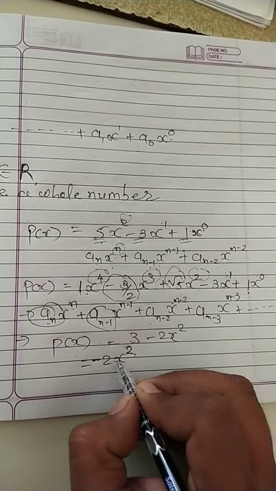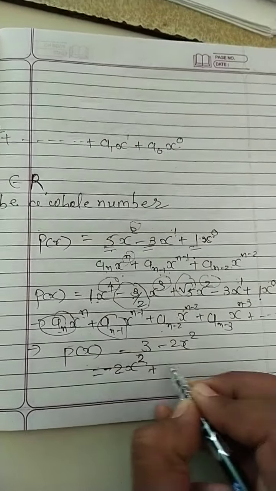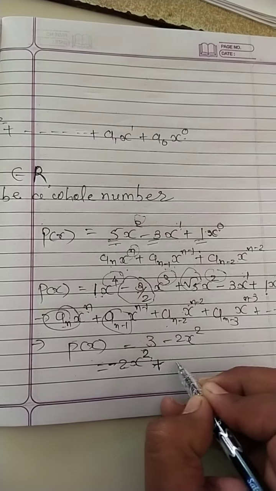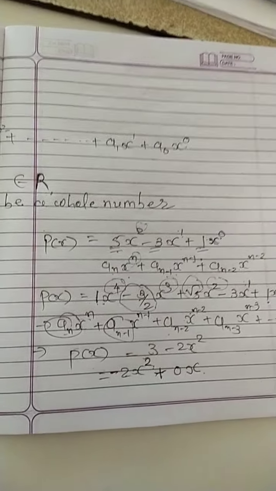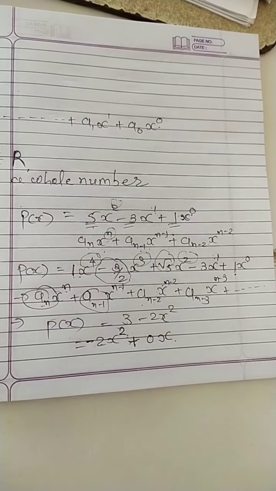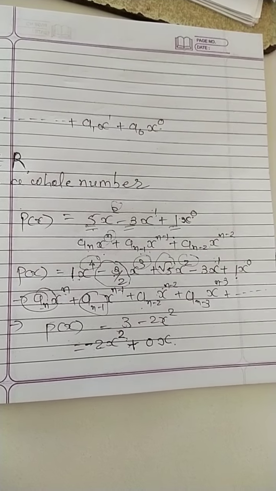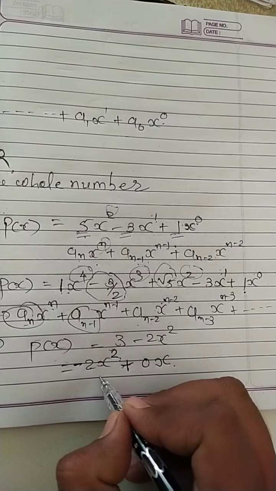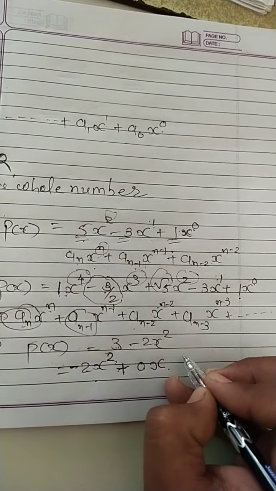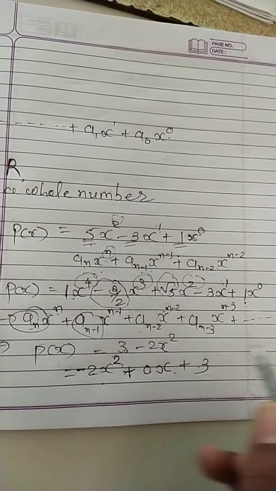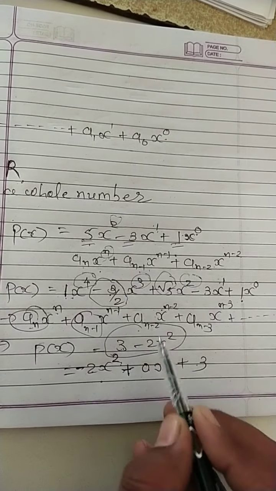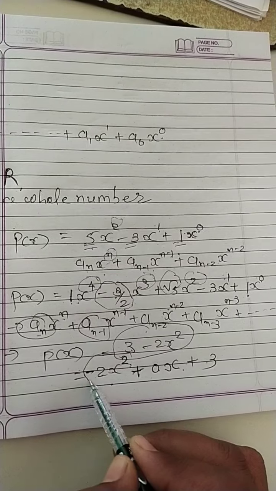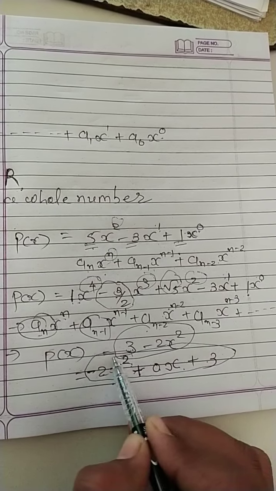Okay, then minus 2x square plus there is a term of x, so I can add 0x. There won't be any difference by adding 0x. Then x square, then x, then a constant term 3. I have converted this 3 minus 2x square into minus 2x square plus 0x plus 3.